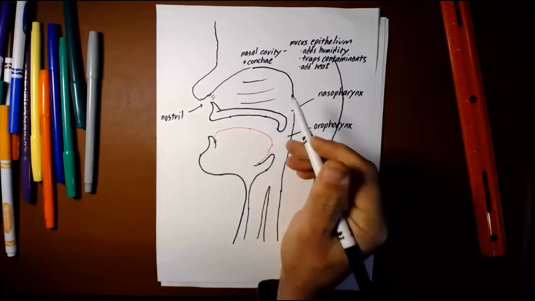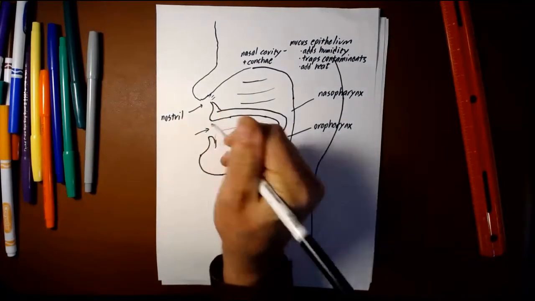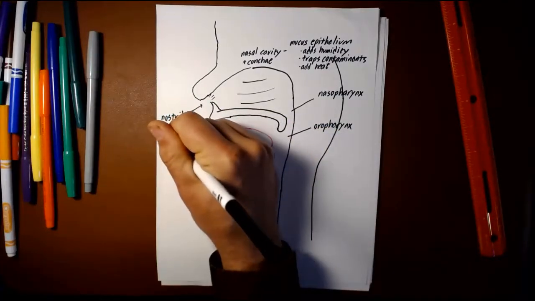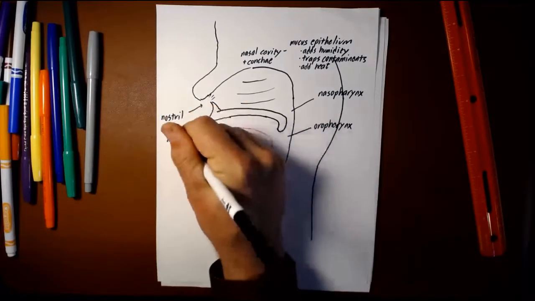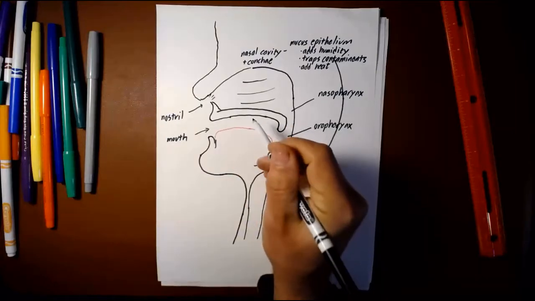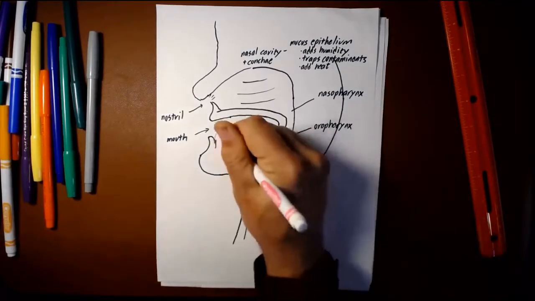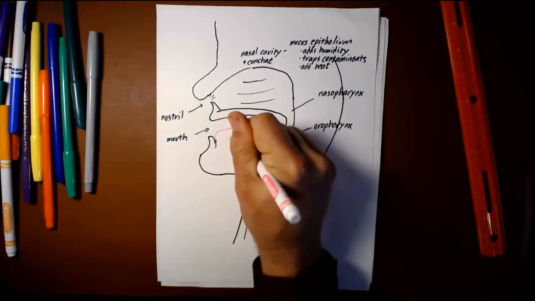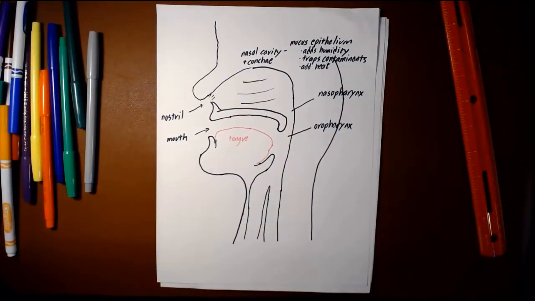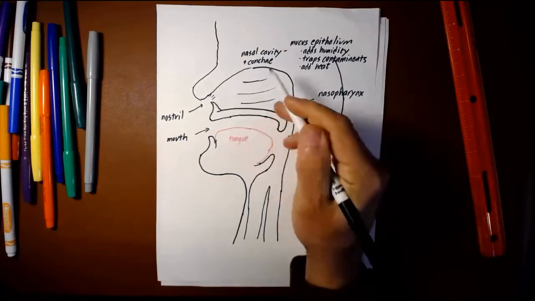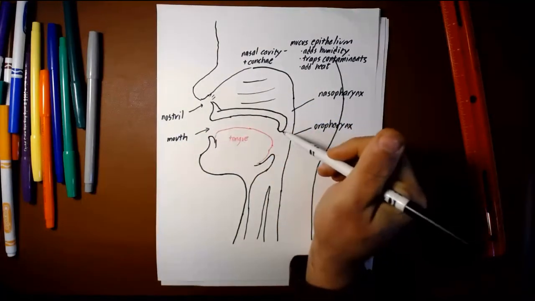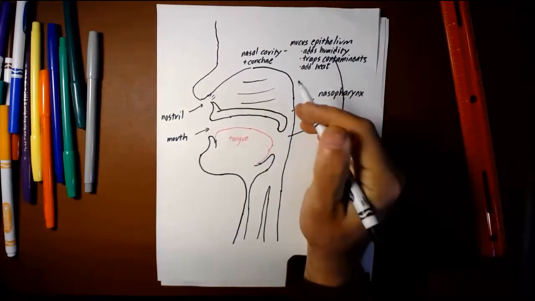And you'll notice here that the oropharynx meets up with the mouth. So this is the oral cavity. And this here, this pink thing, is the tongue. So the passageway for air here and the passageway for food share a common area, the oropharynx.